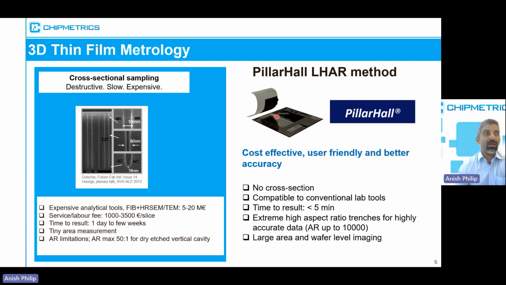So here, these PillarHall chips have a roof membrane, a silicon membrane, and the other thing is that these test structures are completely of silicon. So you can easily remove this top roof silicon membrane using an adhesion tape approach once after your ALD or CVD deposition, so that you can expose your deposited area for any analytical devices, for example, an optical microscope or any other analytical devices that are compatible with a planar sample.